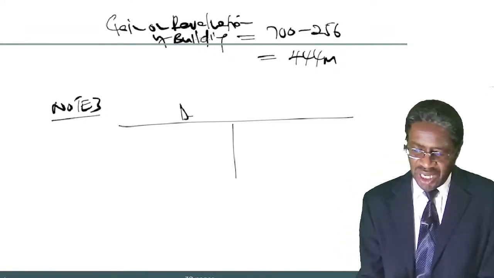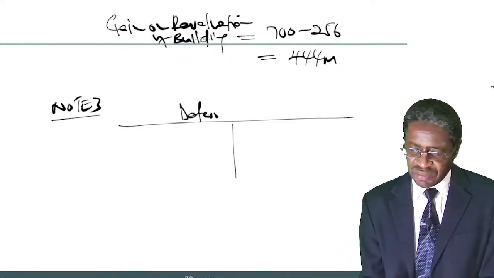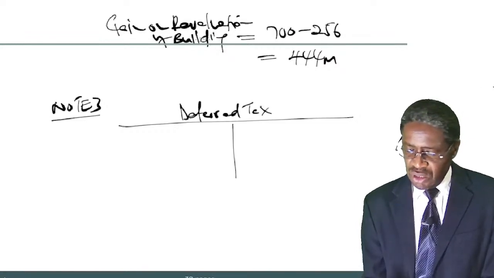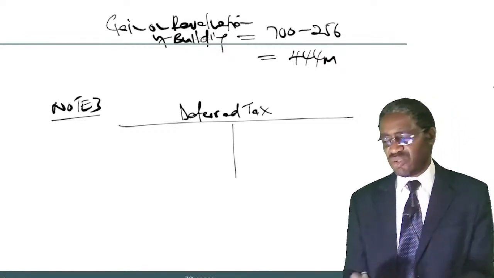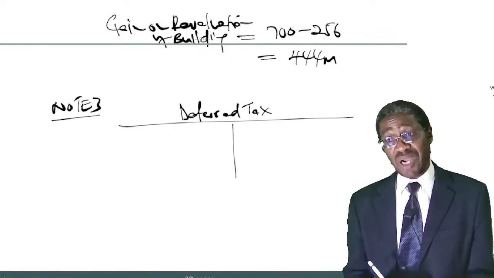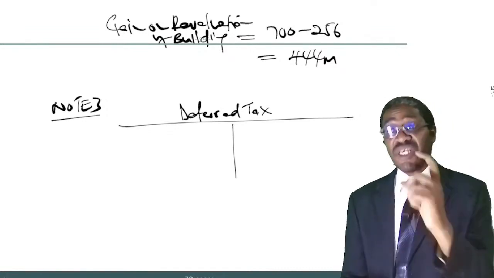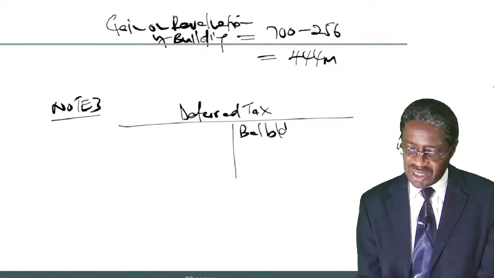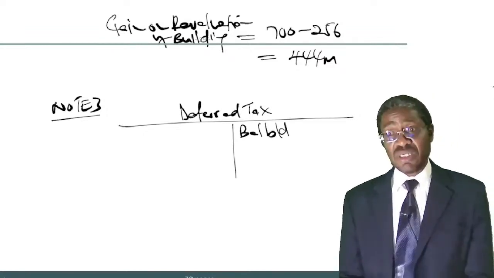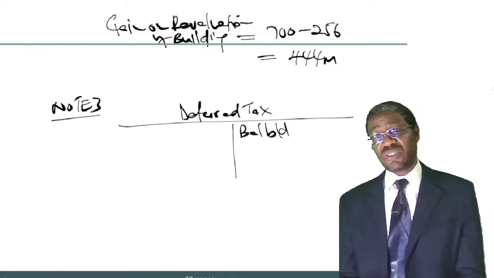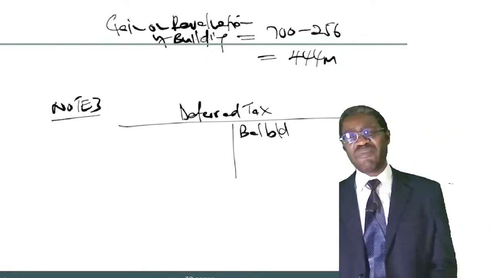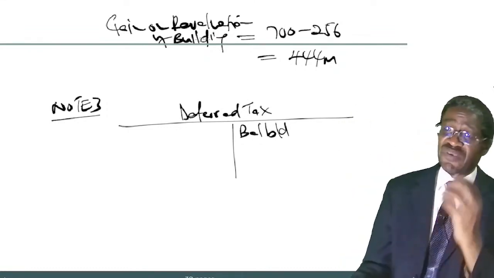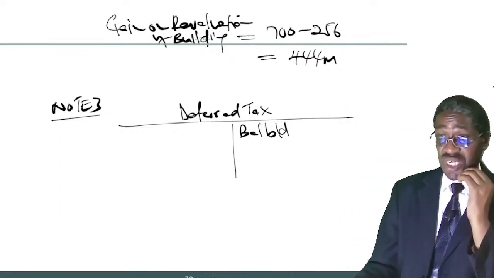Normally, you go back to the trial balance and bring down the balance, whatever it is. That is the opening balance. Deferred tax is a liability, so we always have it brought down on the credit side.